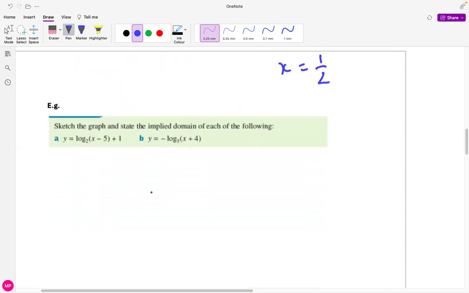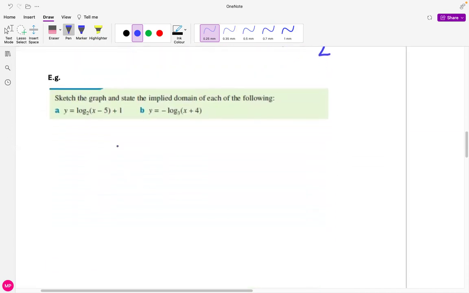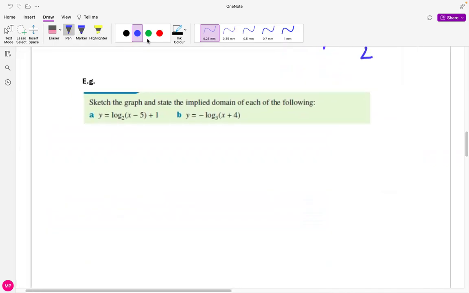Okay, here I do have another example. Sketch two different graphs here. So I'm going to do A. Okay, so the asymptote, as I said, is whatever the log inside makes equal 0. The 1 is the translation, and it does not affect the asymptote.